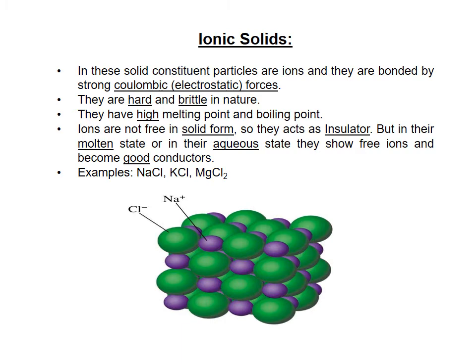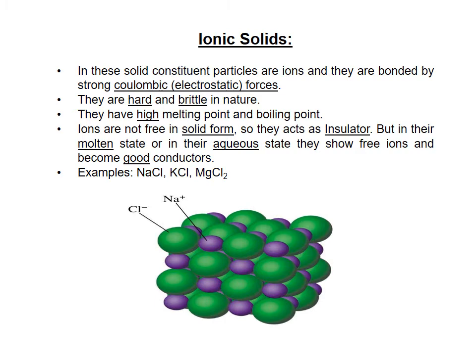They do not conduct electricity in the solid form, but they can conduct electricity only in the molten or aqueous state. To understand this factor, let's take an example of sodium chloride. Sodium chloride in a solid form does not contain any ions to move in it.